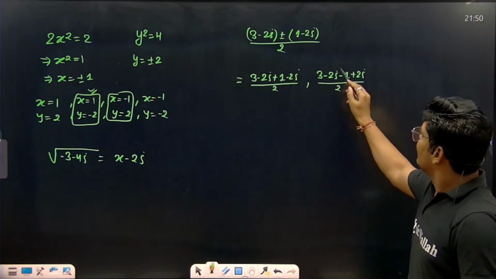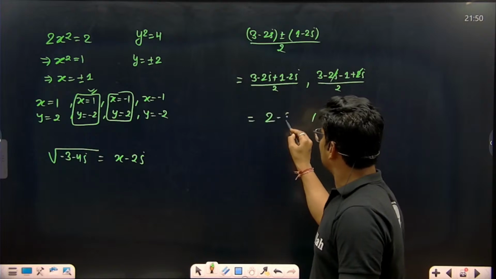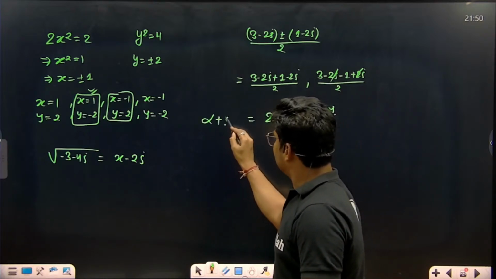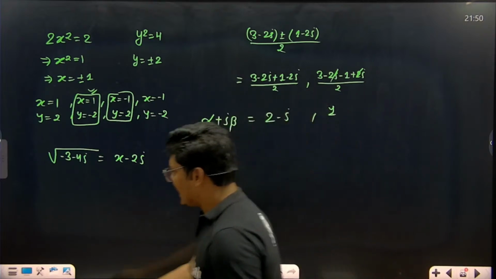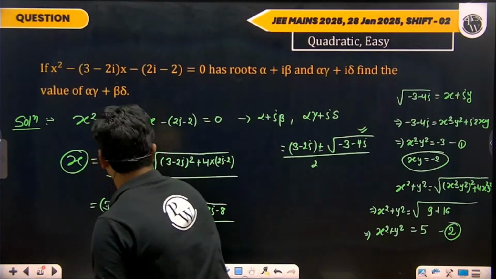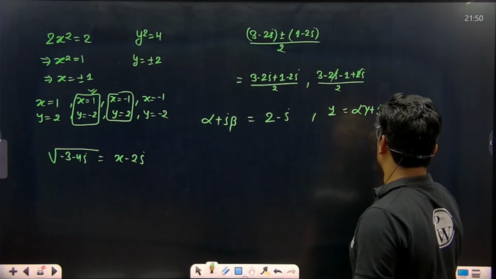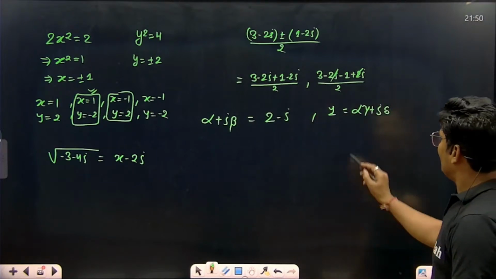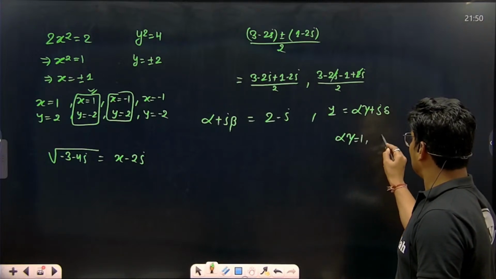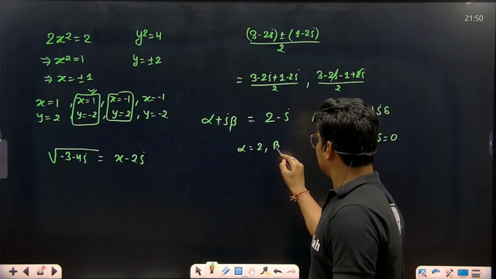The first value is 2 minus iota, and here the value is 1. So I compare these roots as alpha plus iota beta, and the second one as gamma plus iota delta. So if I compare, alpha is 2 and beta is minus 1, and gamma is 1 and delta is 0.